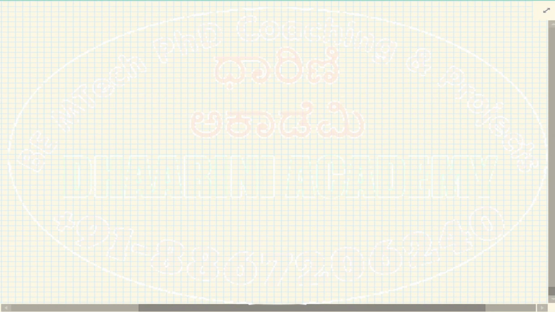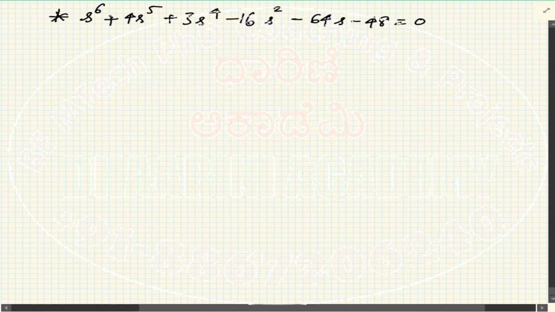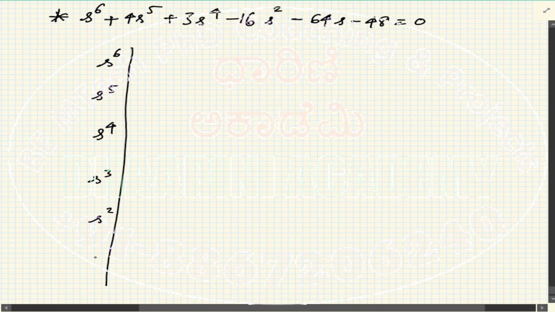So our intention is to find out whether this system is stable or not, right? So we'll start solving in a very normal fashion. Okay, so s to the 6, s to the 5, s to the 4, s cube, s square, s to the 1, s to the 0.